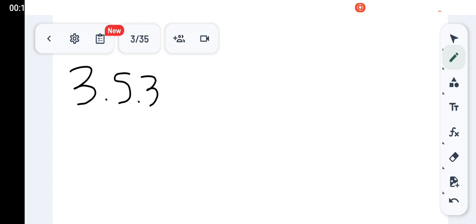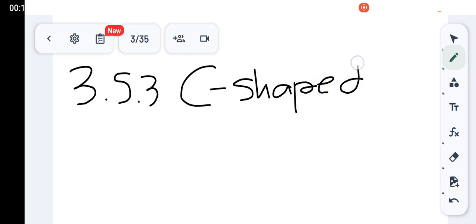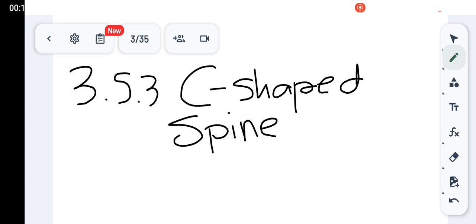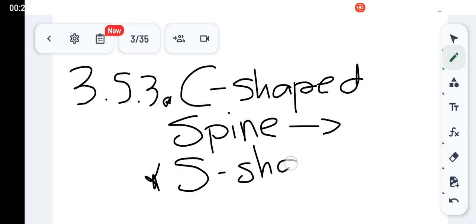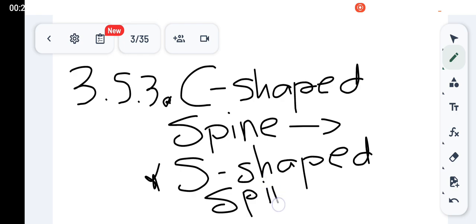For quadrupedal organisms, the shape of the spine is C-shaped. Then for bipedal organisms, the shape of the spine is S-shaped. And that is one other structural difference between the quadrupedal organism and also the bipedal organism.